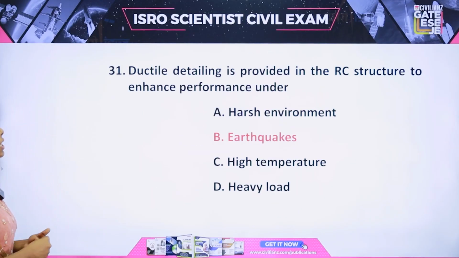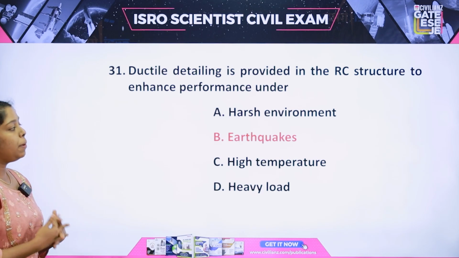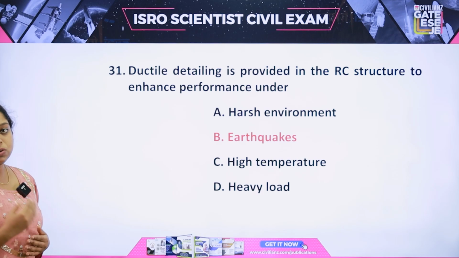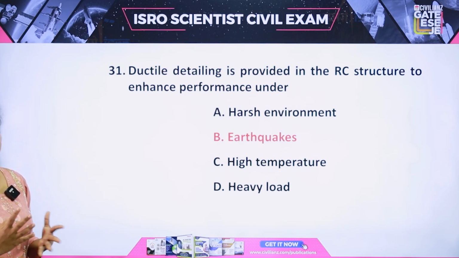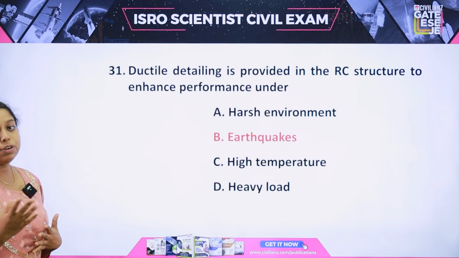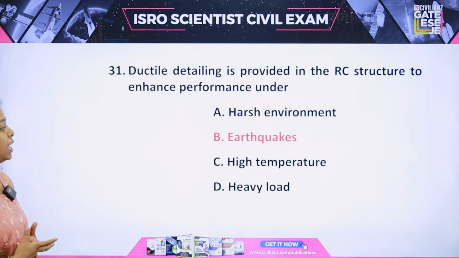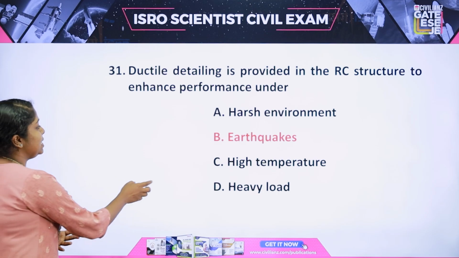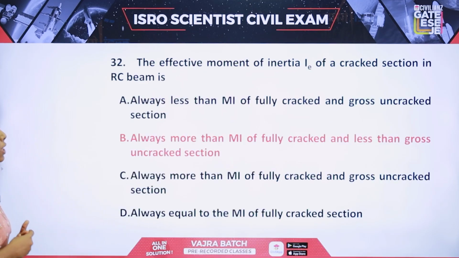Now moving on to the 31st question. Ductile detailing is usually provided in the RC structure to enhance the performance under. We know that usually ductile detailing is provided when the structure is in an earthquake prone area. That is, it is usually adopted for improving the performance during the earthquake. So option B is the right answer. Moving on to the next question.